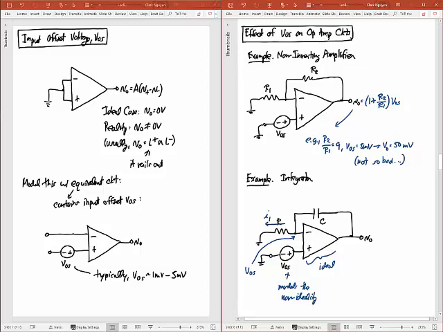I'm going to get a current I1, and that current I1 is basically going to be VOS, which is at that node, minus ground, divided by that resistance R. Right? So that now becomes my current. This op-amp is ideal. That current cannot go into the negative terminal. So it has only one place to go, and that is through this capacitor.